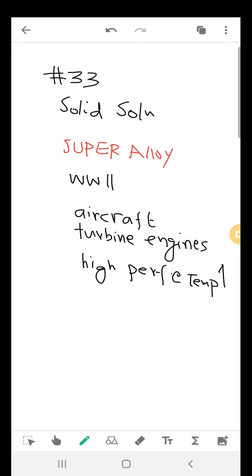Therefore, alloys with some very unique properties were searched for.